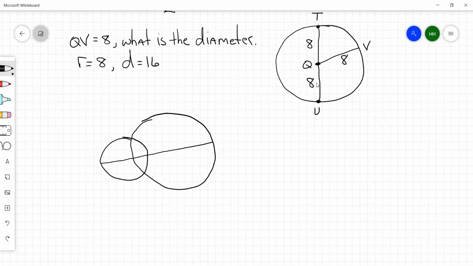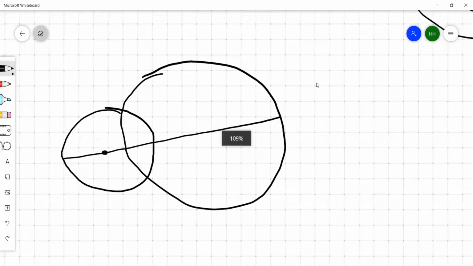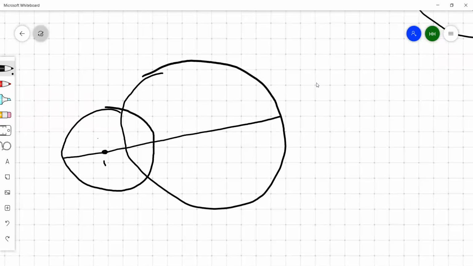And let's see here, we've got point R. Boy, this is getting small, isn't it? Blow it up. We're going to go point R right here, C, D. Point S is the center of the larger circle.